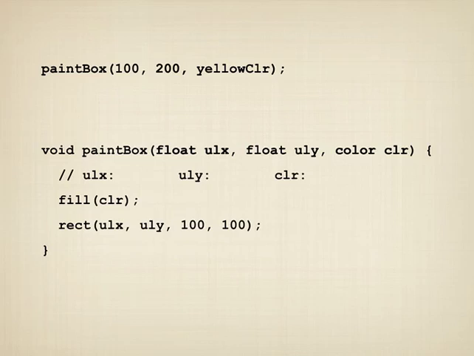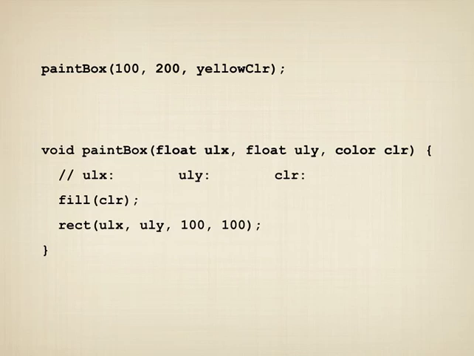In the body of paintbox, just after the comment, we fill with the color clr, and we draw a rectangle with its upper left corner at the values of the variables ulx and uly. But notice nowhere do we say ulx equals something or uly equals something.